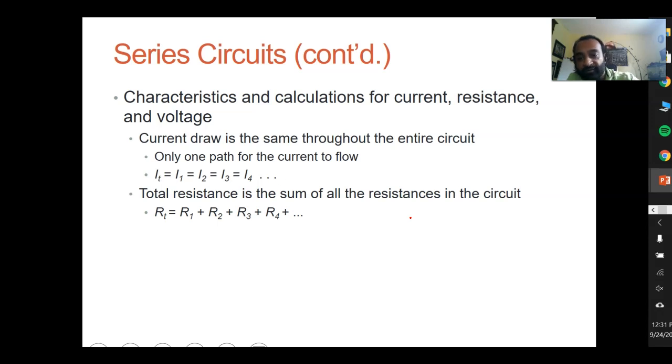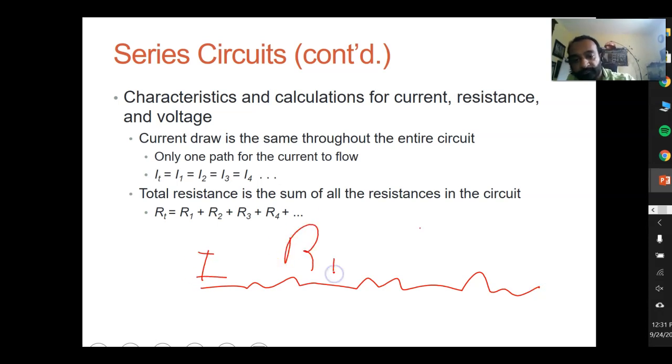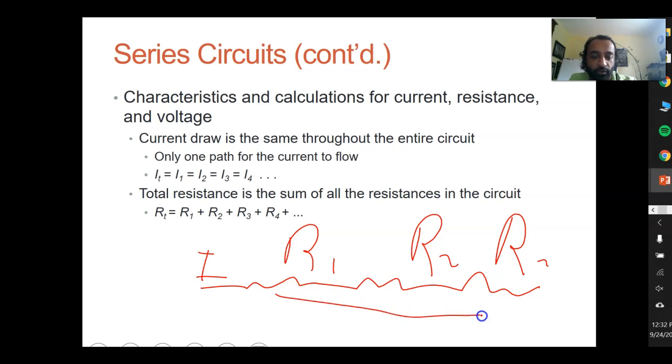They add up. If I have three resistances, and this is the current going through them, this is R1, R2, and R3. The total resistance of the system is going to be the sum of all those three resistances. Make sense? Okay.